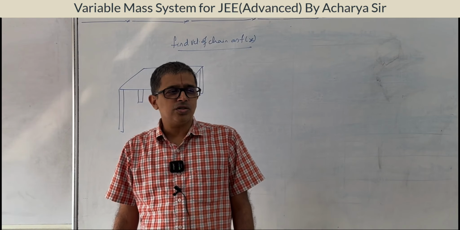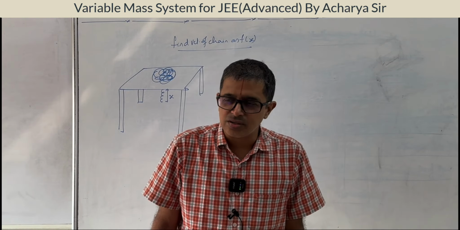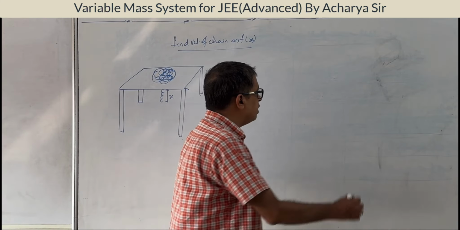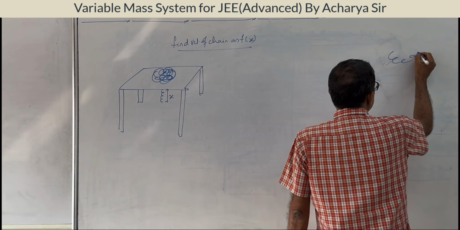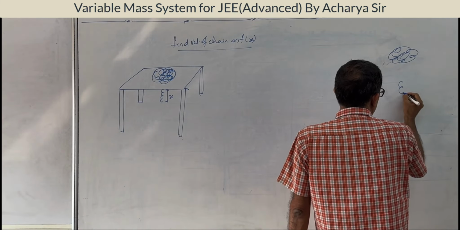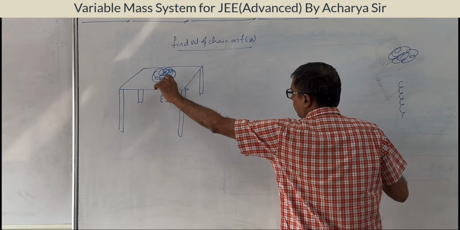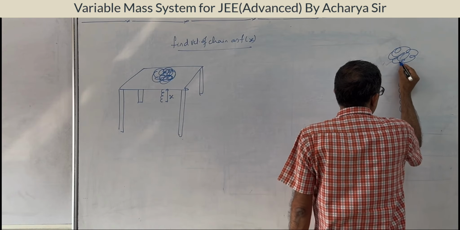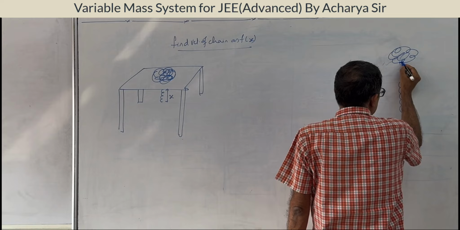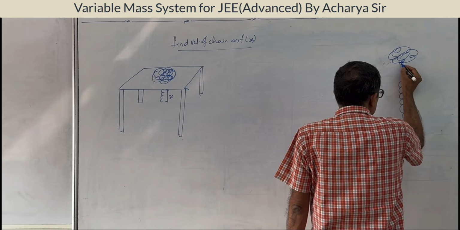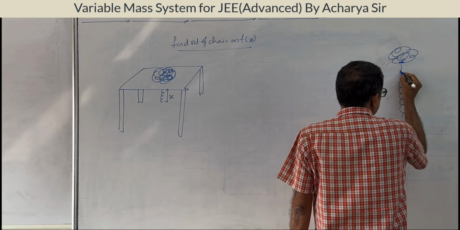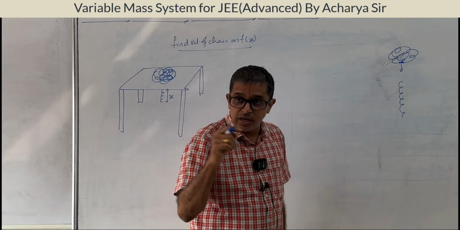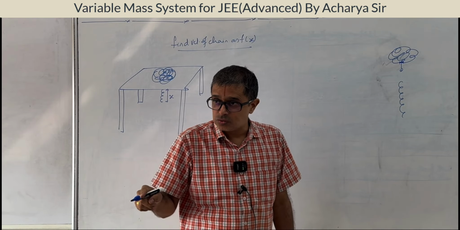No, it's not about my likes and dislikes. Here, the heap of the chain on the table and this chain, I am separating these both. A small element of this chain which is at rest suddenly starts moving in the downward direction. That's an impulsive force.